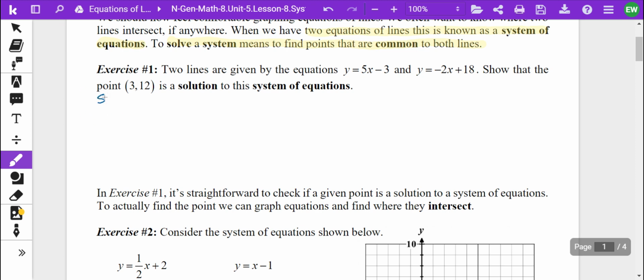So the solution is the point where two lines meet.